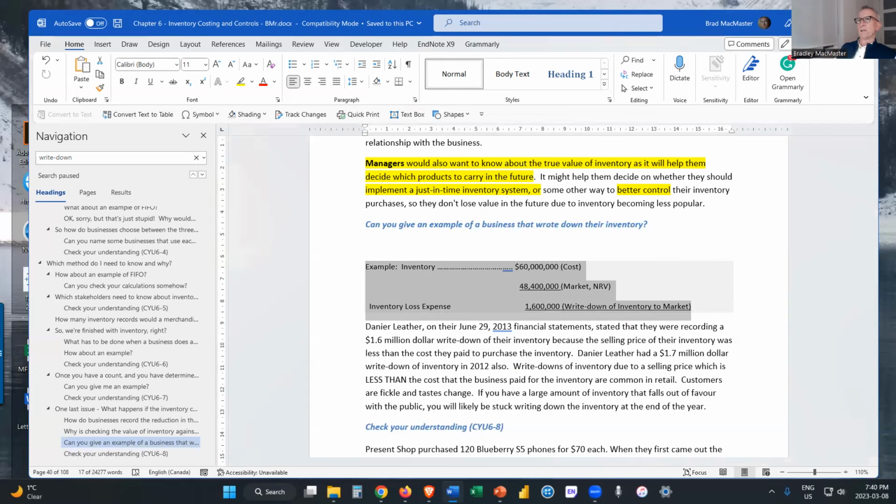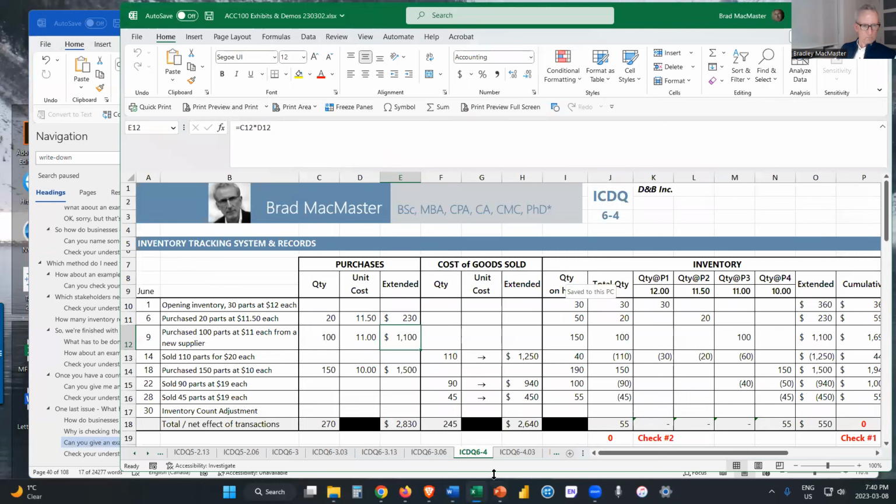So let's see if I have a copy of that here. So this was one where we adjusted the account for shrinkage.